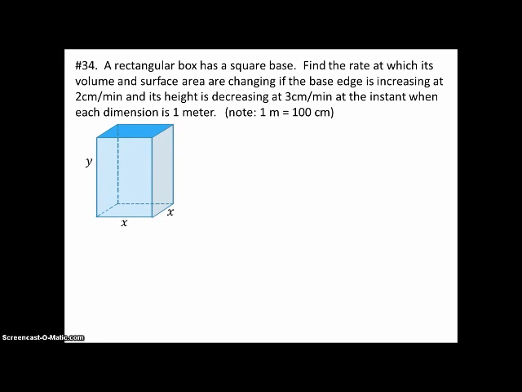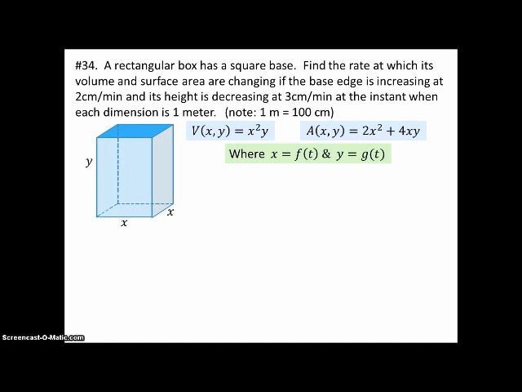So here's said box. The volume is x squared times y. The surface area is the top and the bottom, so 2x squared, and then the 4 sides that are x by y. Also note that x and y are functions of time, t for time.